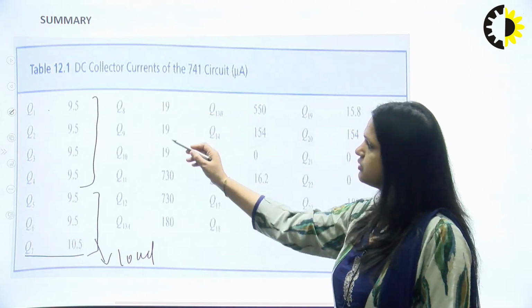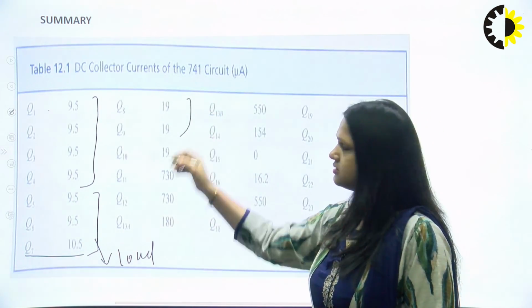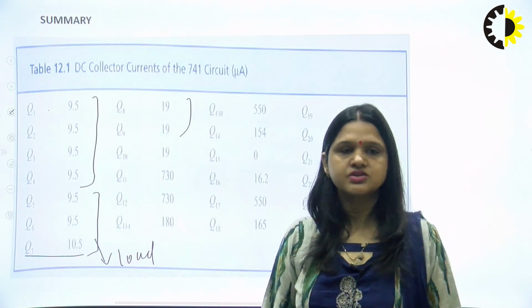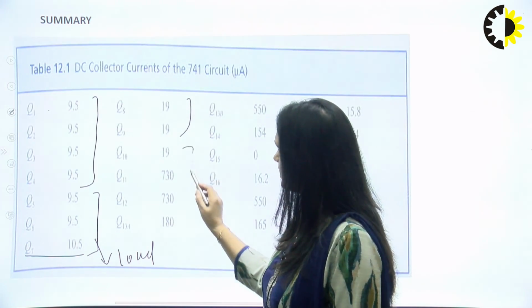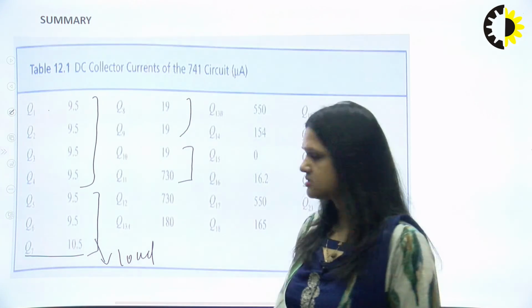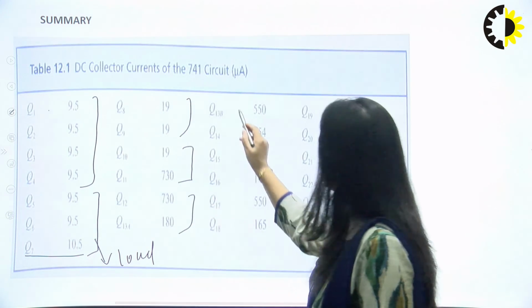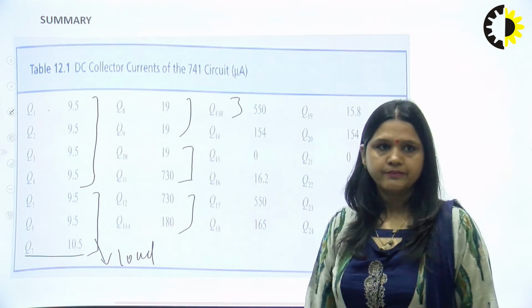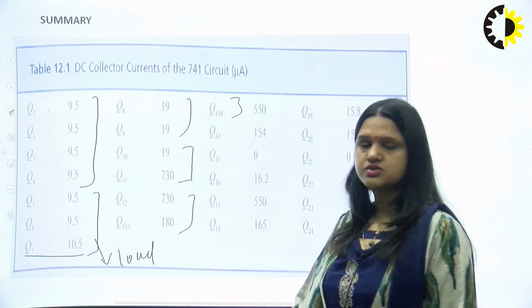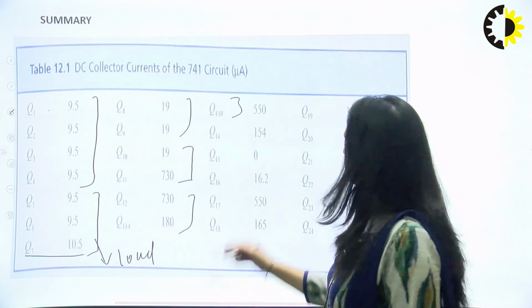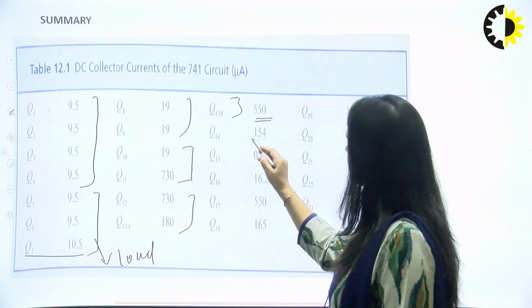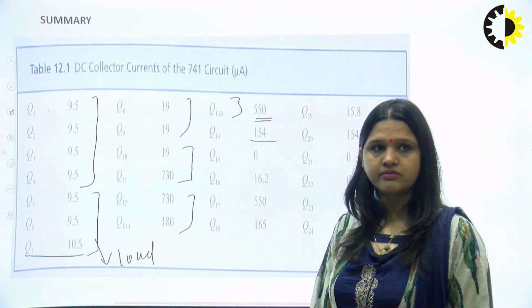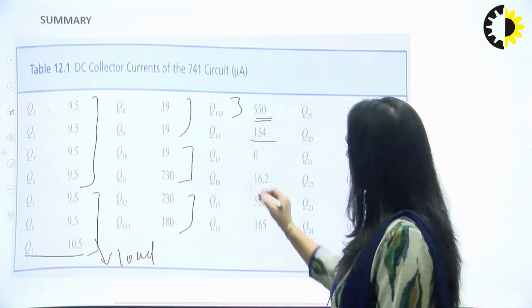Similarly Q8, Q9 are the transistors of the bias stage. Q10 and Q11 are also bias transistors, Q13, Q12 and Q13B are transistors of the biasing circuit. This value we have calculated in this lecture only. Q14 is an output transistor, 154 microampere current.